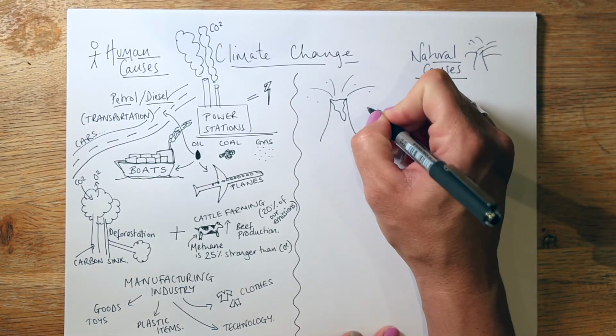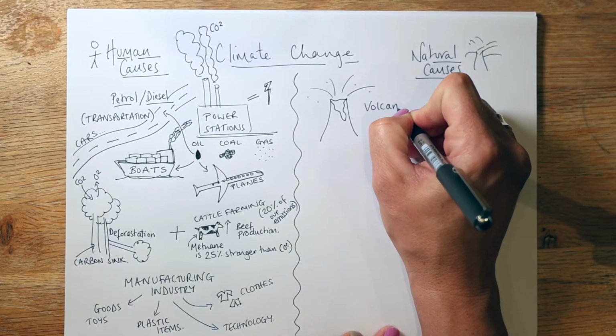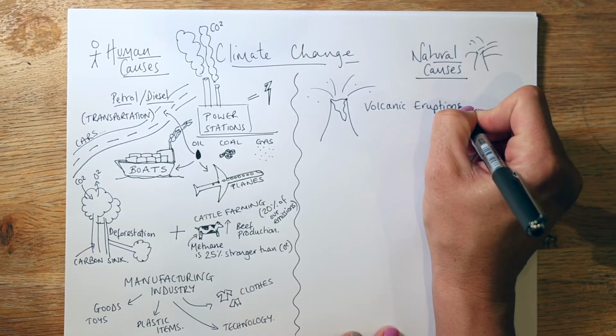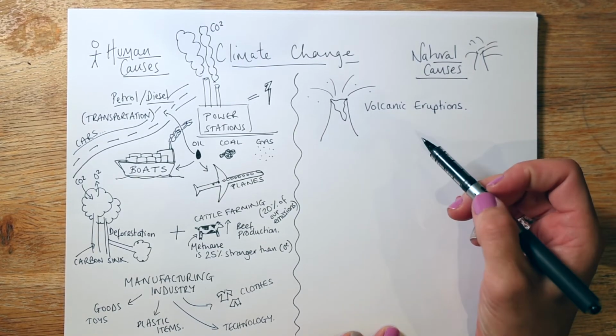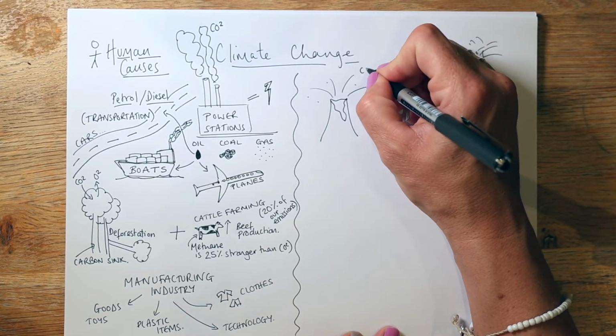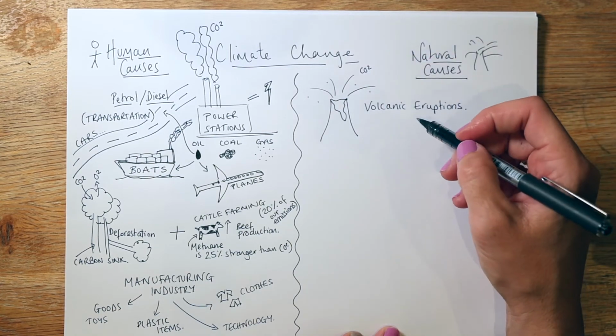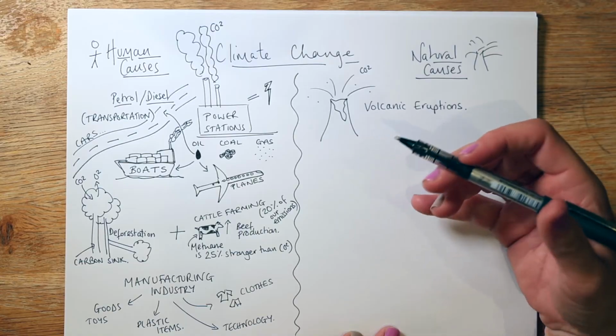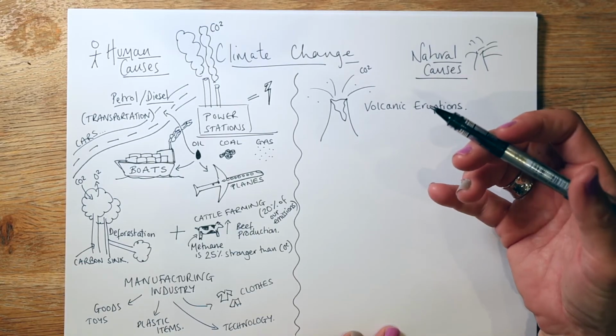And we're going to write next to it volcanic eruptions. Now, you might think that because they are spewing out CO2, they are actually causing climate change to be worse and for the planet to heat up through the enhanced greenhouse effect.